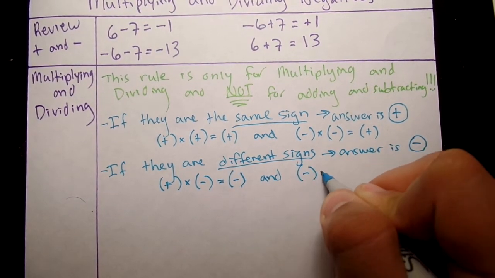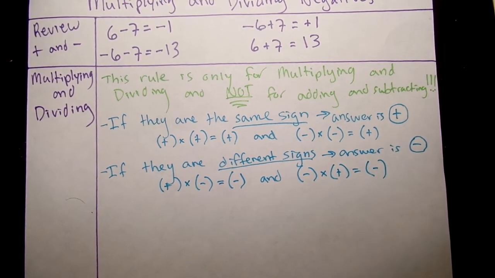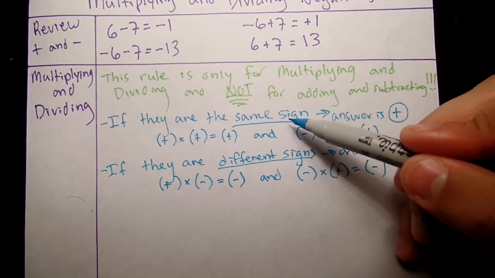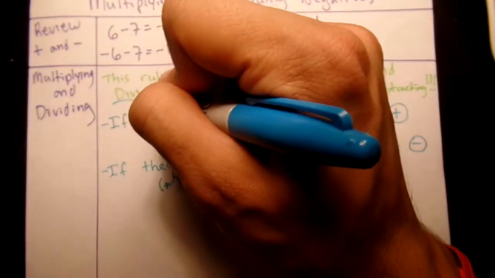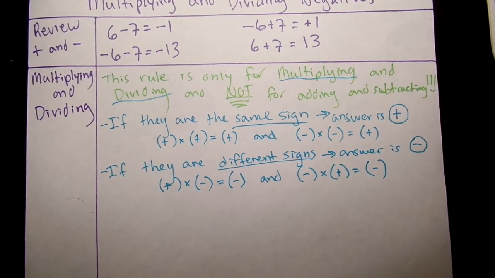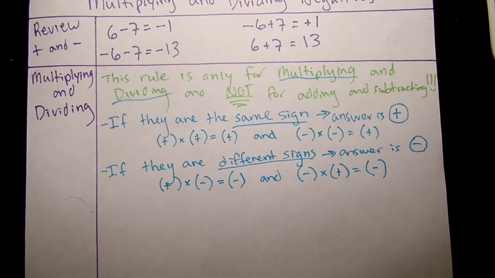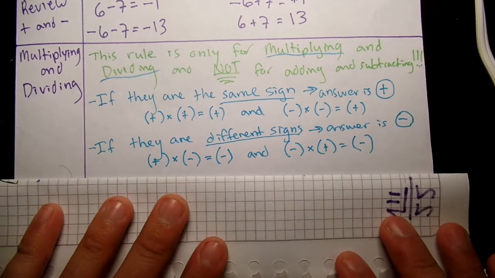And a negative times a positive equals a negative. So in multiplying and dividing, only in multiplying and dividing, if they're the same, the answer is positive. If they're different, the answer is negative. Okay? I used a third color, I apologize. It was by accident, but I had to continue.